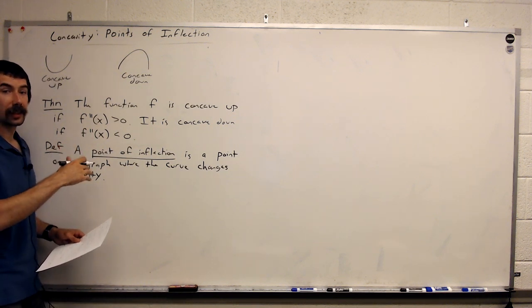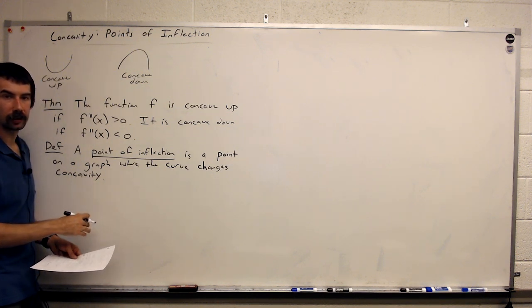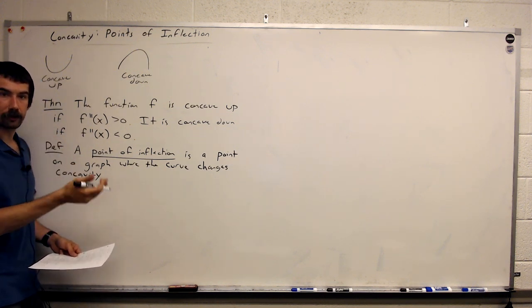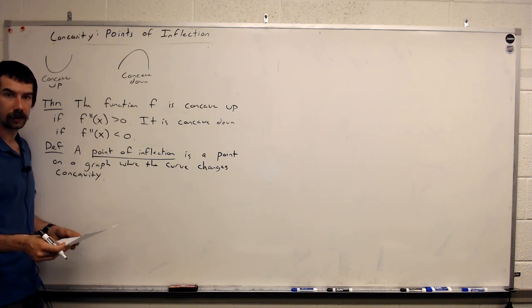So this means that the curve goes from concave up to concave down, or vice versa. And so if our curve changes concavity, we say that point is a point of inflection.